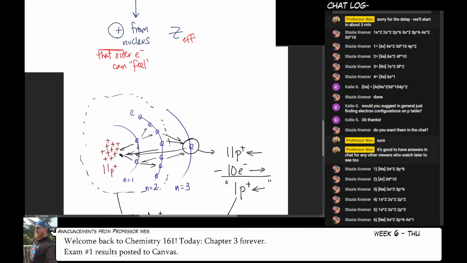So, for example, if I wanted to do this electron and say, what does it feel? My Photoshop is just dying here, apparently. So it'd be Z, which is 11 protons, minus any electrons that are considered core relative to that. So that'd just be these two, right?